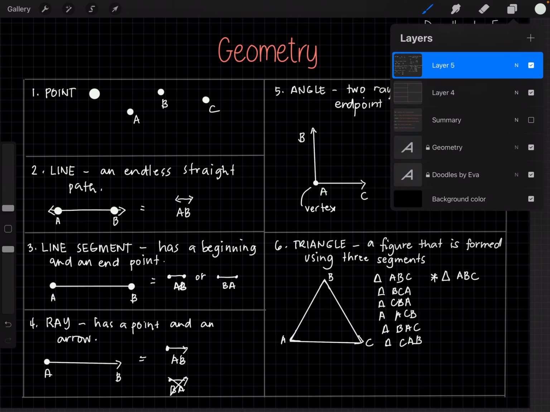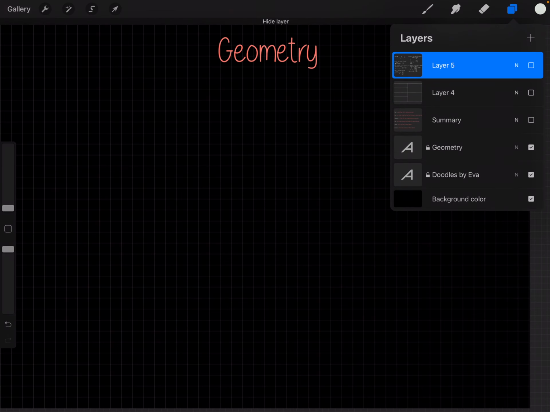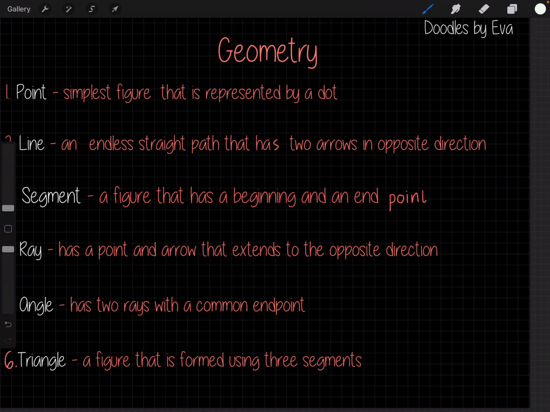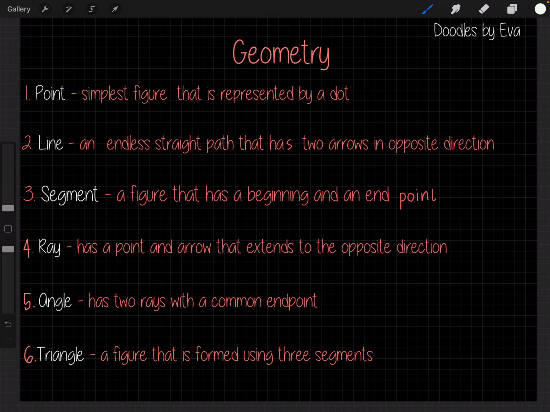To recap, we learned about point. It is the simplest figure that is represented by a dot. A line is an endless straight path that has 2 arrows in opposite directions. A segment is a figure that has a beginning and an endpoint. And then number 4 is a ray.